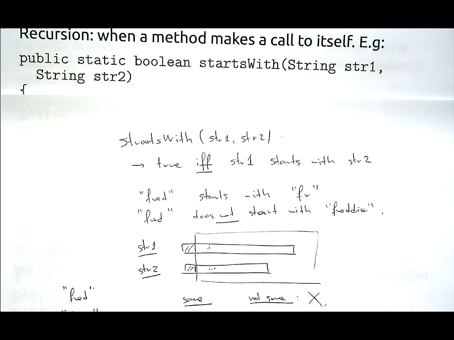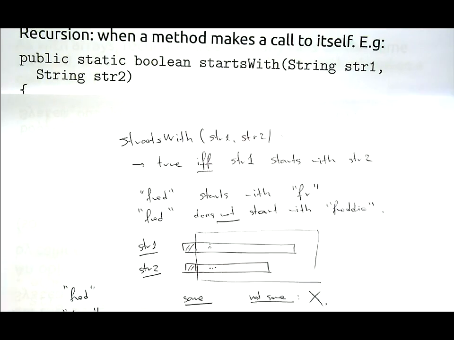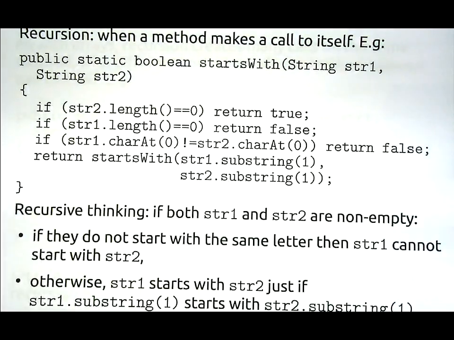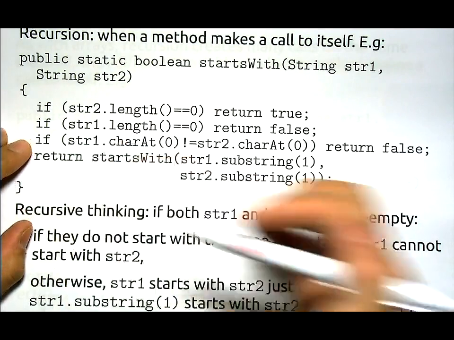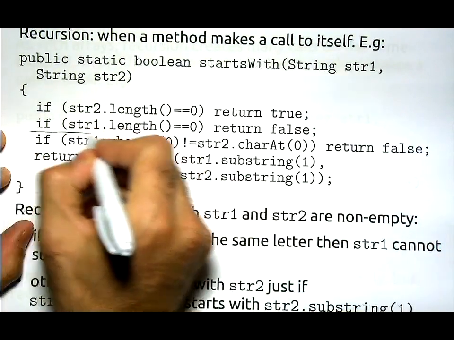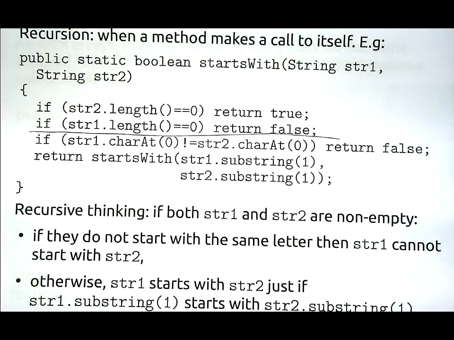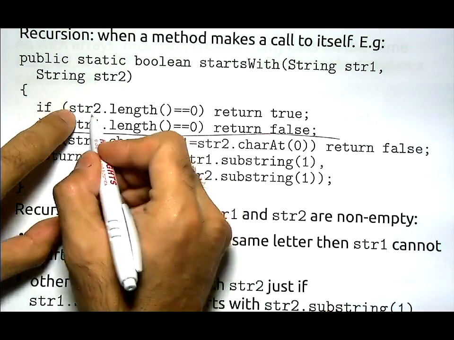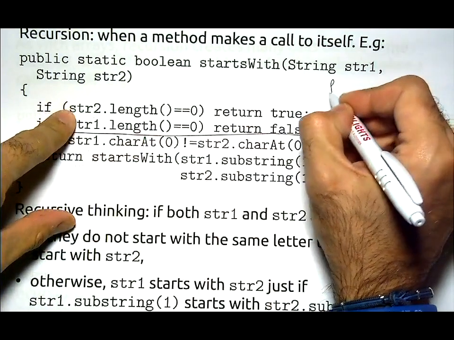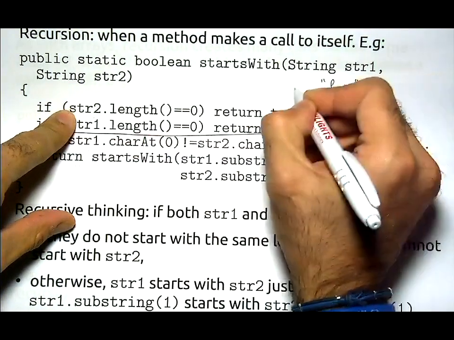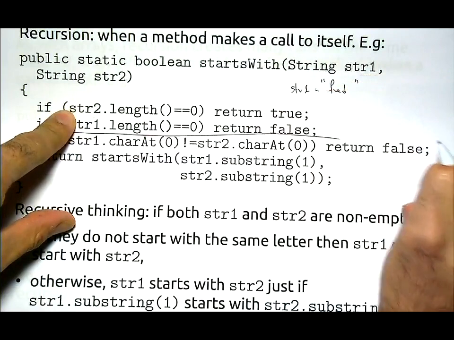This reasoning that I explain in English, I can write it down in code. And how can I do that? So I do it as follows. I have first some conditions to check. If my strings are empty, then I can decide straight away. If the second string is empty, so remember I had Fred being str1, say.